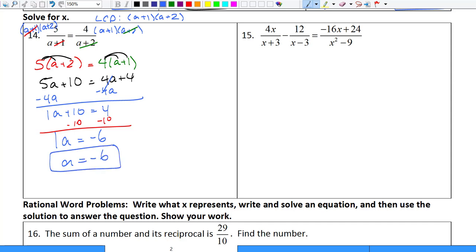Now, I have to check my work here. The reason I have to check my work is because when you multiply both sides by a variable, sometimes you get an extraneous answer. So I'm going to plug in negative 6 every time I see an a.